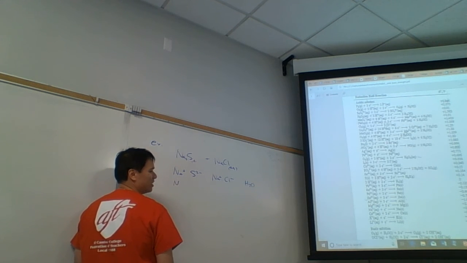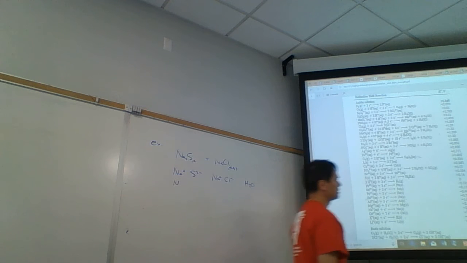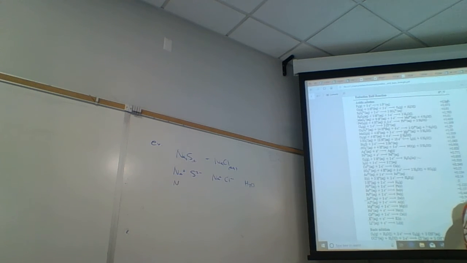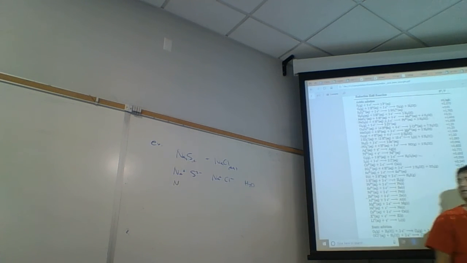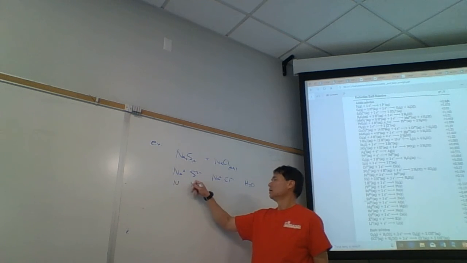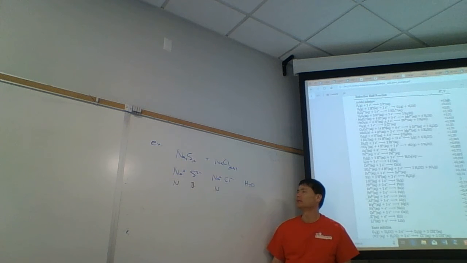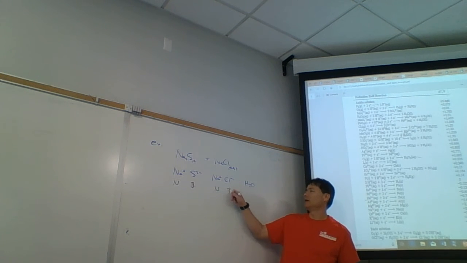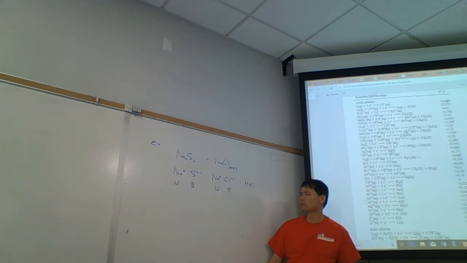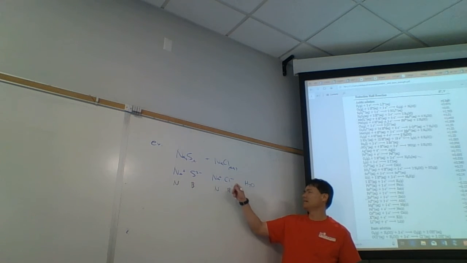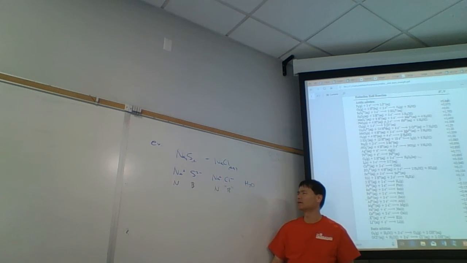Strong base. Yeah, sulfide's a strong base. Could it also be an acid? No, there's no H. This is just a base. Sodium ions, neutral. Chloride, very weak base, so weak it's almost neutral, right? And so base, we'll just put that in quotation.